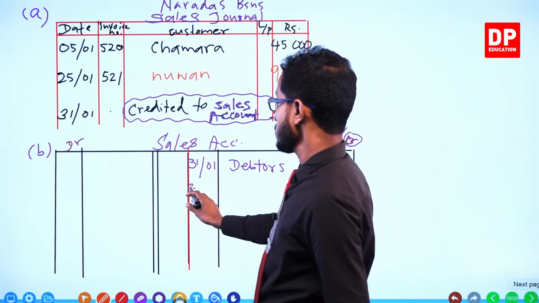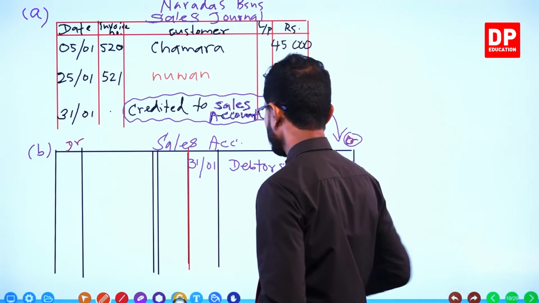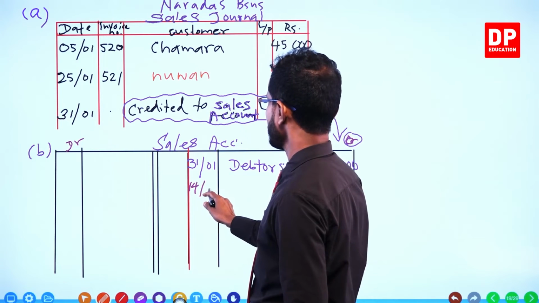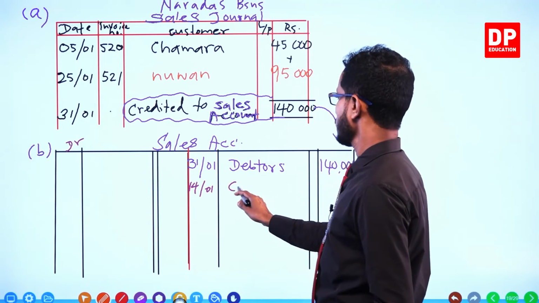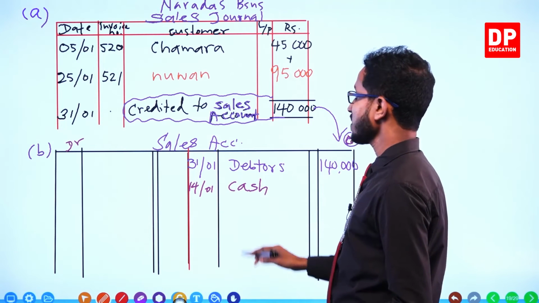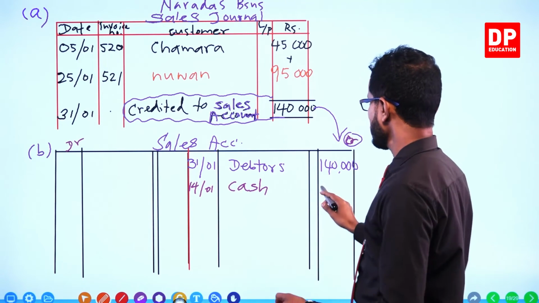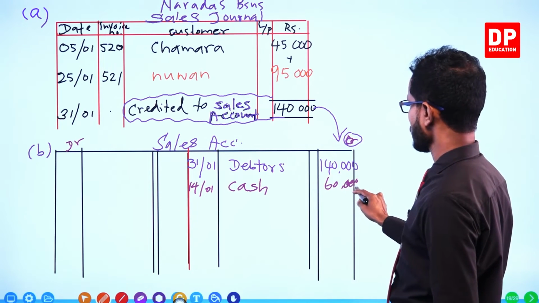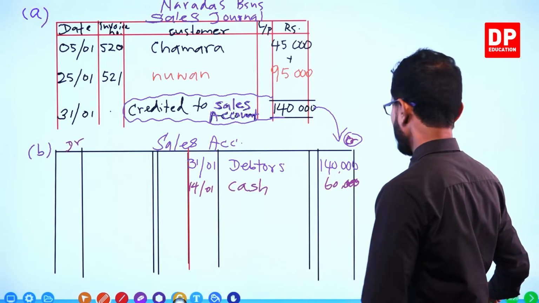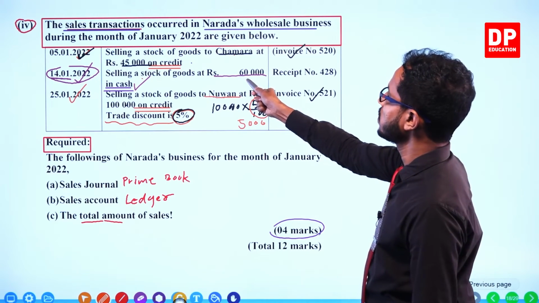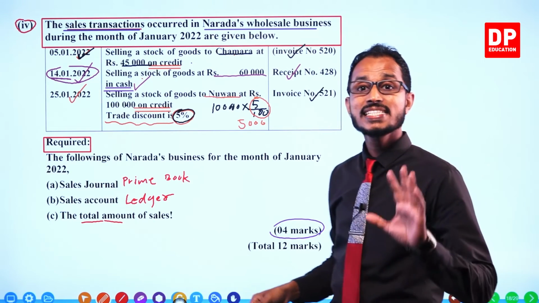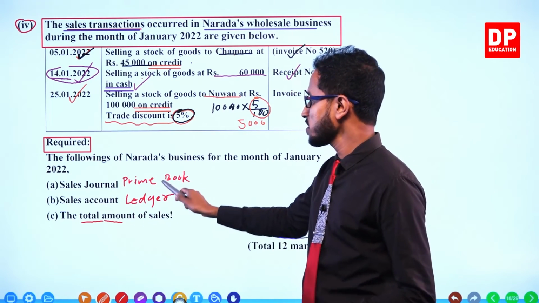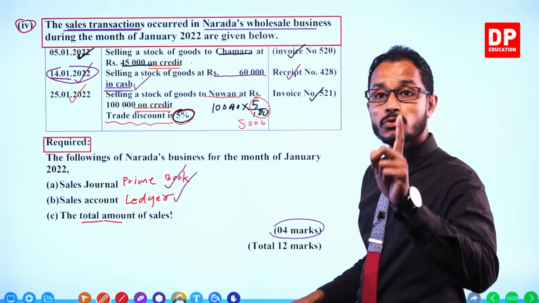Just put the date, and to the credit side, as cash, description as cash, 60,000. Is that all? Yep, we have taken all three sales transactions. Sales journal is done, sales account is done, but you have to balance the sales account.